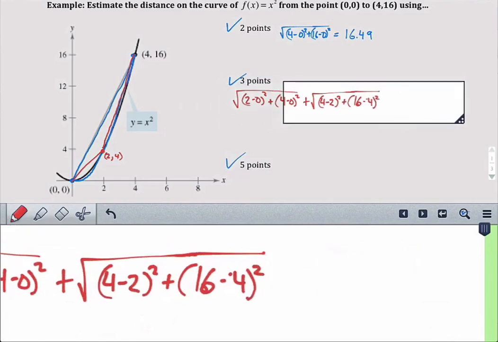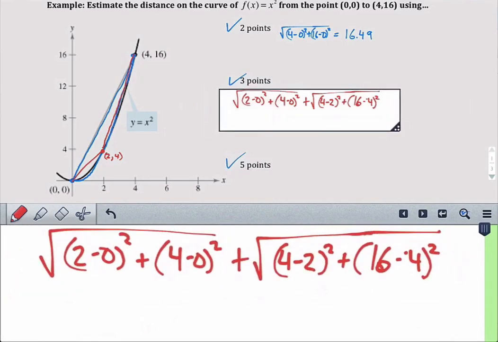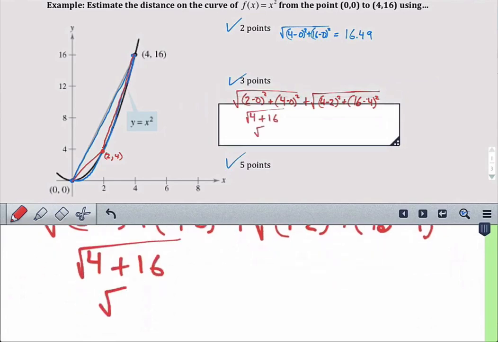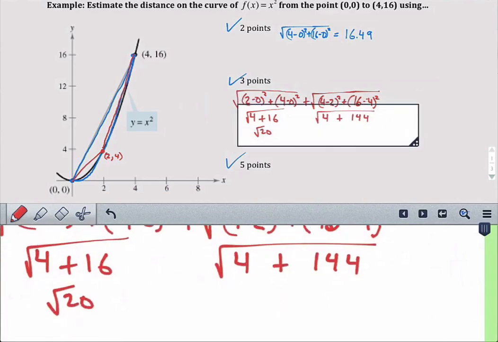All right, and you can use a calculator here to solve this, or we can just evaluate it on our own here. So this is going to be 2 squared, which is 4, and 4 squared, which is 16. So that line segment is root 20. And then over here, this is going to be 2 squared, which is 4, and then 12 squared, which is 144. And the square root here is the square root of 148.